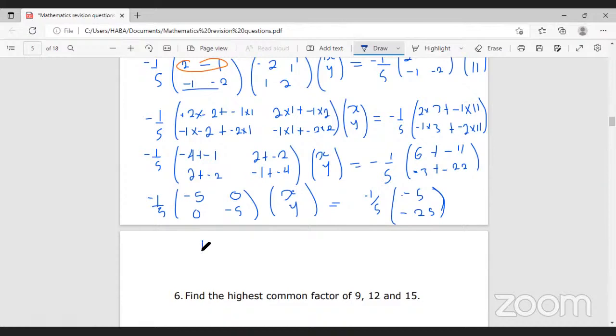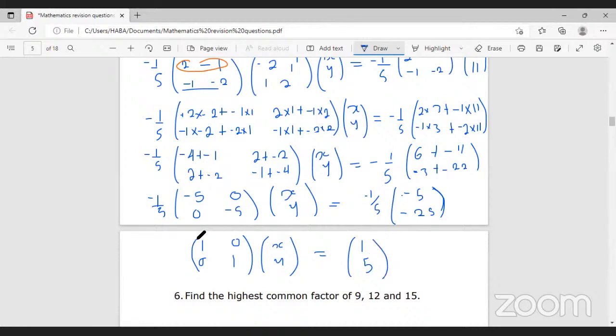Then this is 0, this is 0, this is 1. Then xy: negative 5, and this will still give us a 1, a positive. Then negative 25 times negative 1 is 25 divided by 5, positive 5.